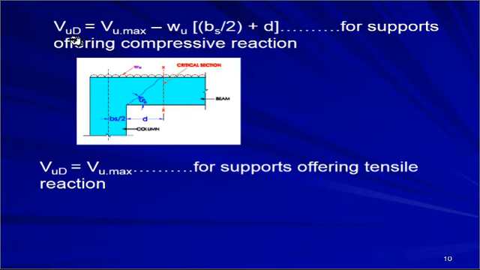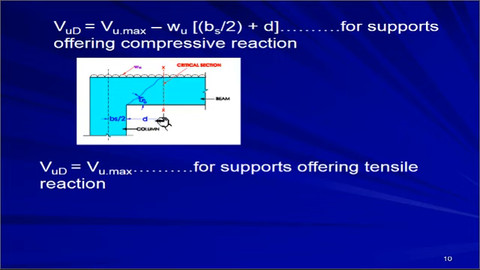Now let's consider this diagram where the critical section is considered at distance d, and we'll try to calculate V_uD, that is the ultimate shear force at critical section. So it is nothing but V_u max. So what is V_u max? V_u max is the support reaction at the center line of the column minus w_u, which is the UDL, into distance. What is that distance?